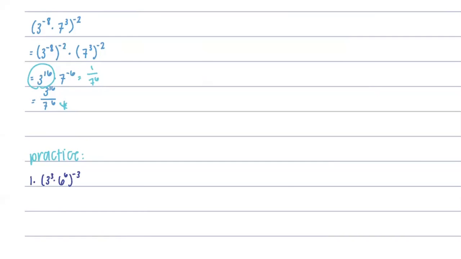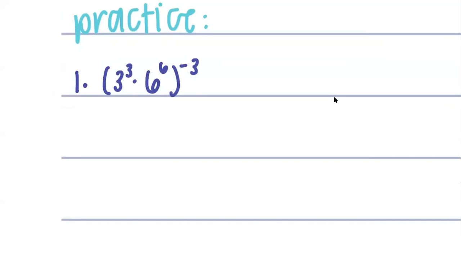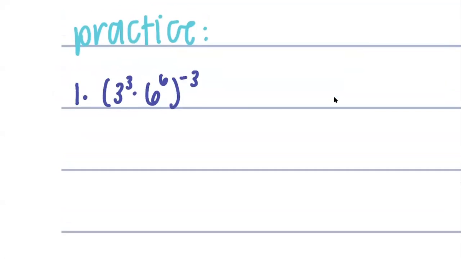Okay, does anyone want to go through their process of how they did this one? Athena, go ahead. Okay, so 3 to the power of 3. Basically, 3 times negative 3 equals 9.